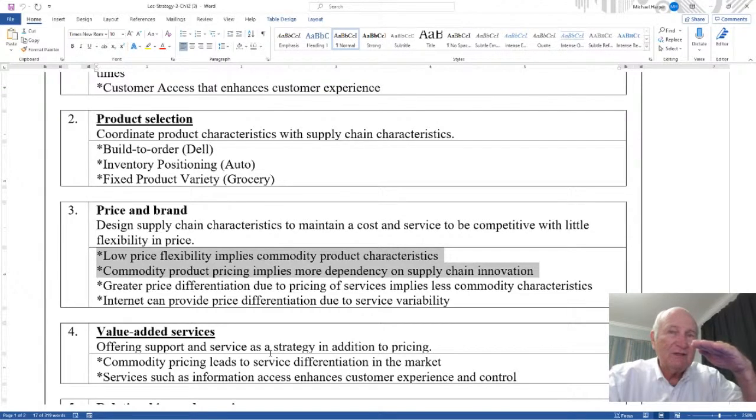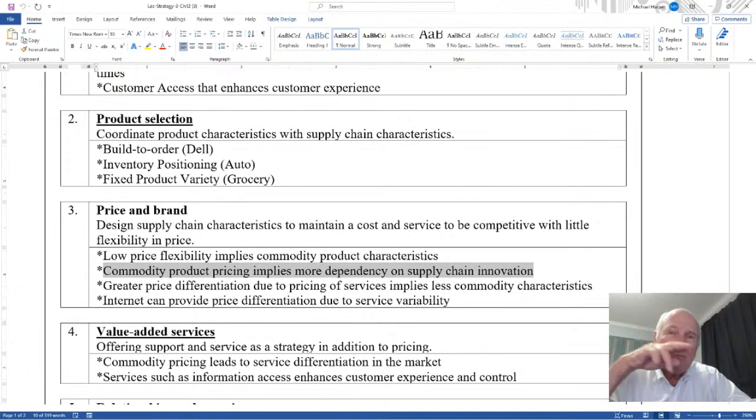So that implies a commodity. Well, commodity product pricing implies more dependency on supply chain innovation. And this right here is where, now we're in the course, it really motivates why the commodity center needs a course in supply chain.